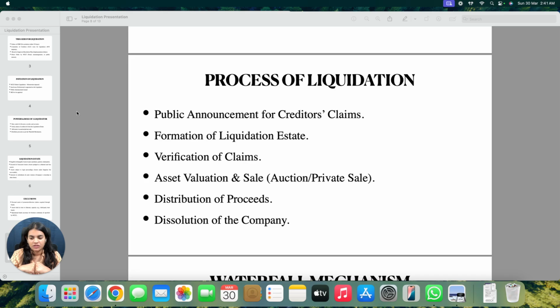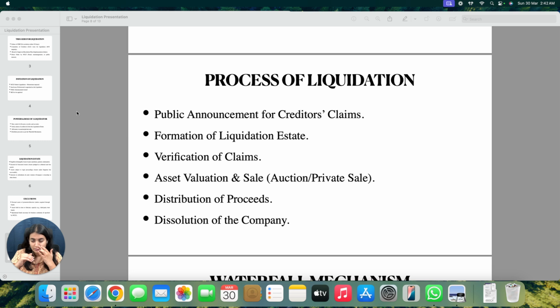So the liquidator will provide them that such and such amount is the liquidation value, and a specific timeline will also be provided to the stakeholder committee, stating that the asset is expected to be sold within such a timeline. This is the expected value if it is sold within this timeline, and this is the actual realized value after the sale and the distribution thereof.